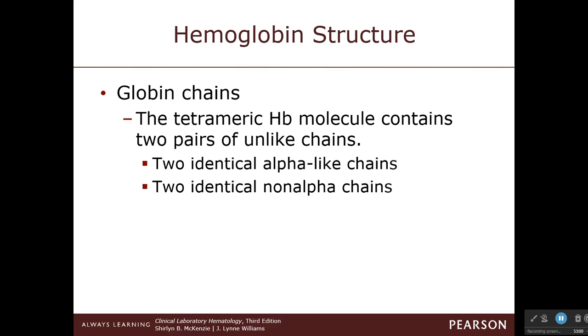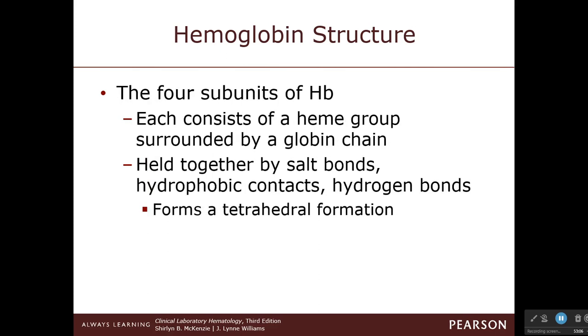One's going to be on one chromosome, one's going to be on the other. So 4 subunits of hemoglobin, each consists of a heme group surrounded by a globin chain. We've talked about that, held by salt bonds, hydrophobic contacts, and hydrogen bonds.